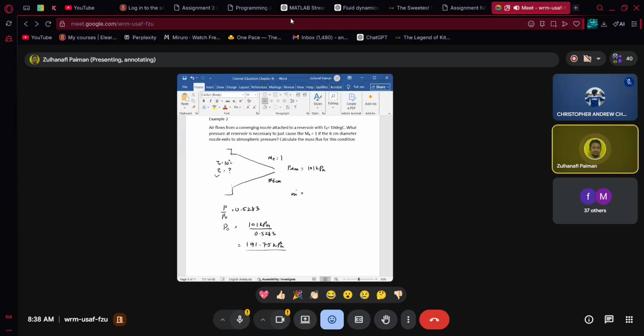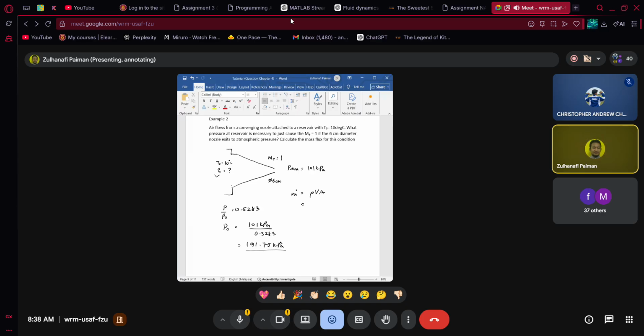If you want to know the m dot, the mass flow rate, you can also use this kind of equation.